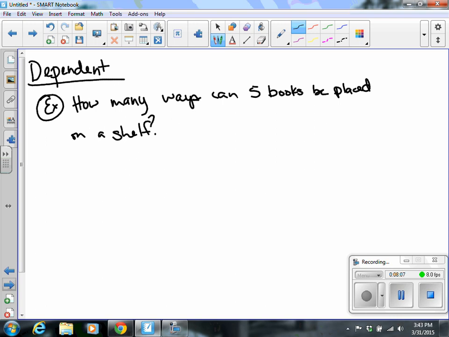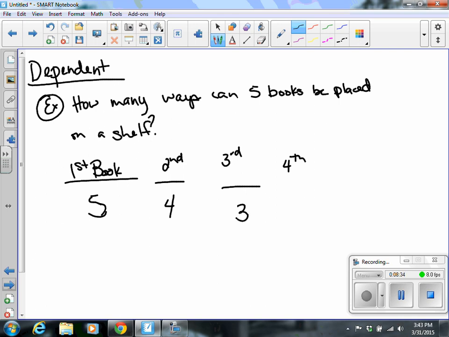All right, so first book. How many ways are there? There are 5. Second book. Well, I've already taken one out, so that only leaves me with 4 options left. What about the third book? Well, now I've got 2 books out, so I've only got 3 left. Now, I'm going to multiply all of these together, and this is going to give me 120 ways.